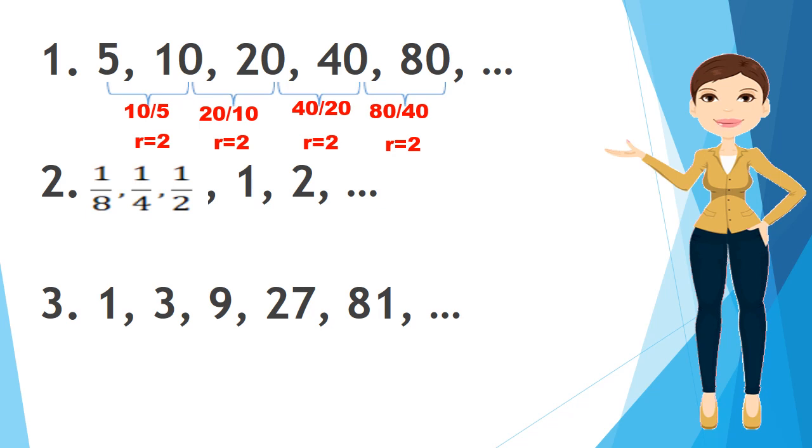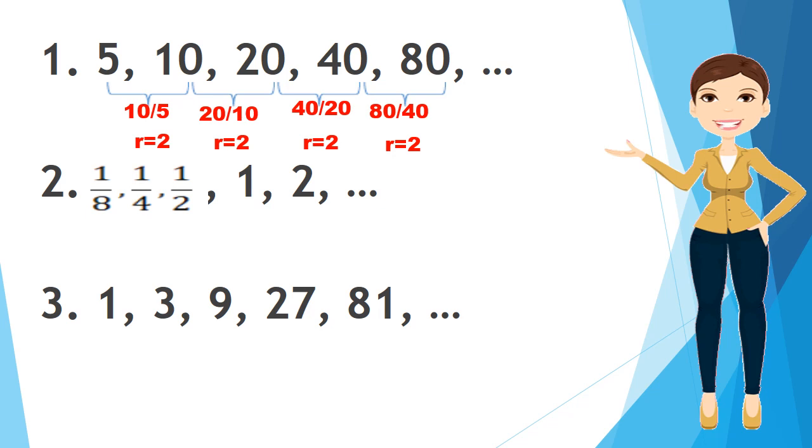So what do you think will be the next term? That's correct. It should be 160 because 80 times 2 is equal to 160. So let us proceed to pattern 1/8, 1/4, 1/2, 1, and 2.